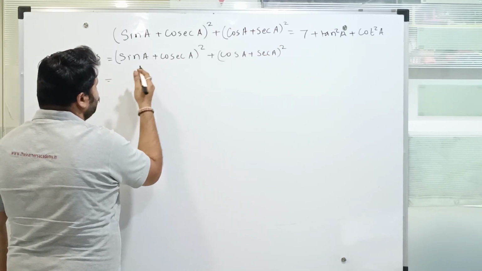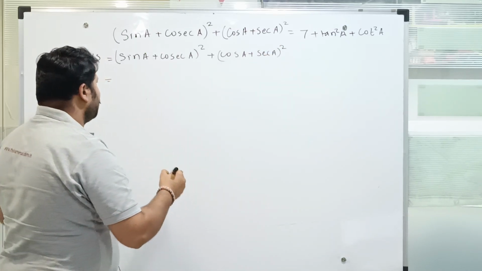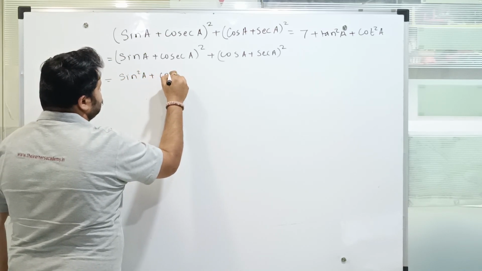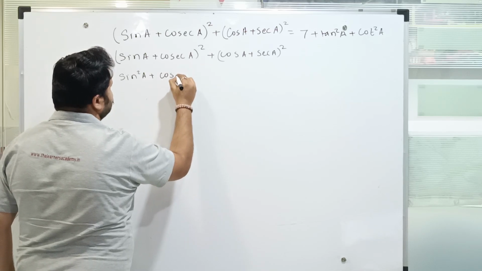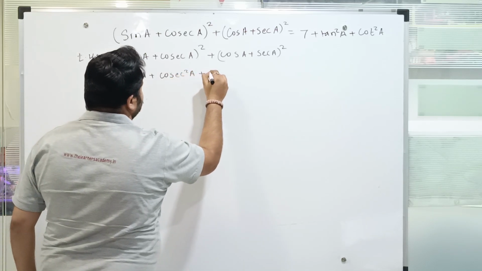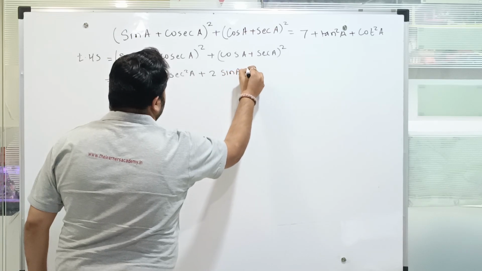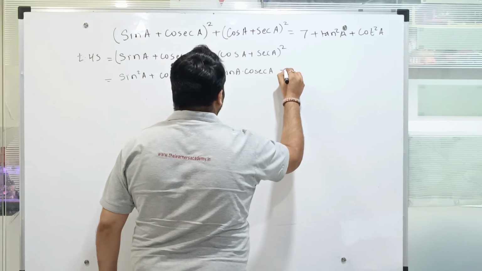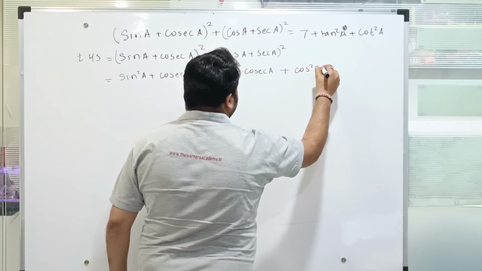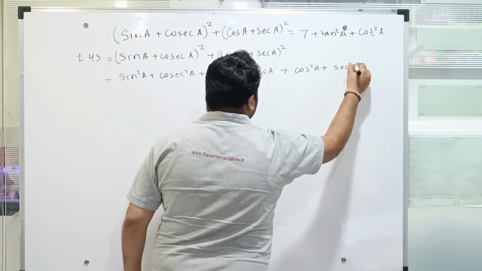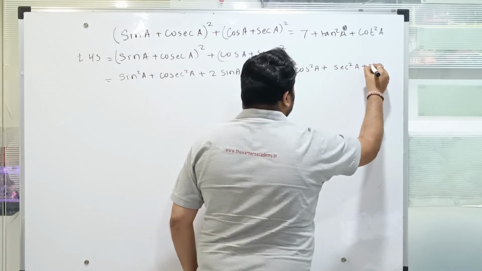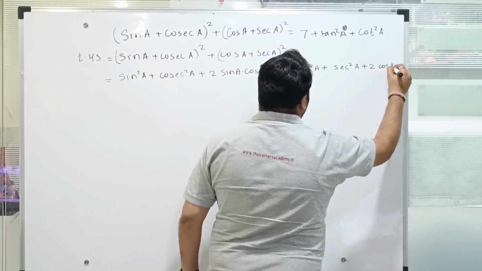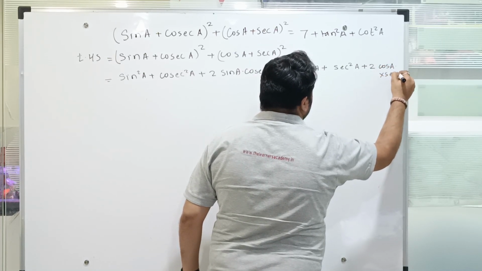Now this further we go ahead and expand both of these brackets, giving us sin square A plus cosec square A plus 2 sin A times cosec A plus cos square A plus sec square A plus 2 times cos A multiplied by sec A.